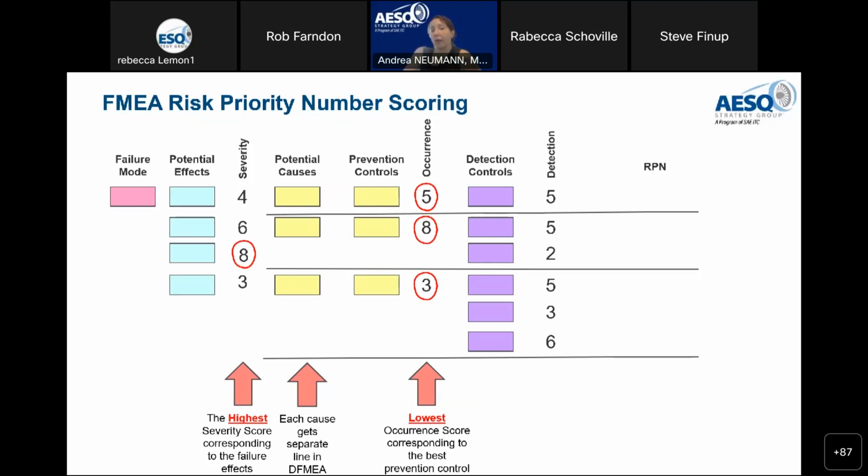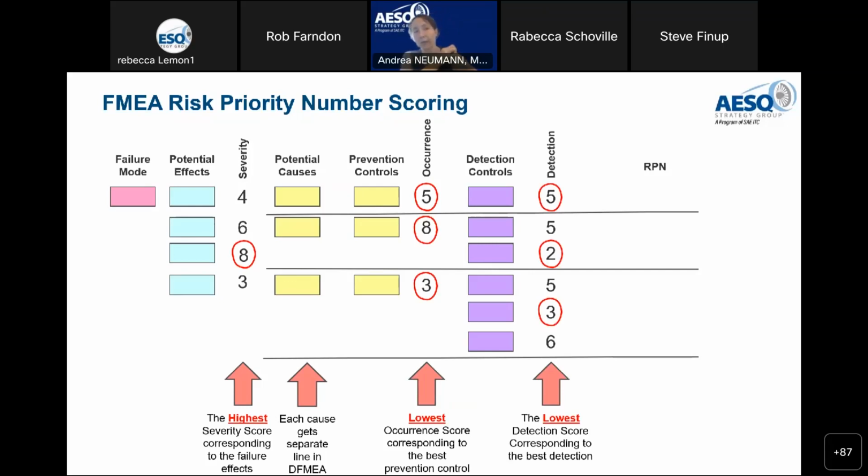Every cause has its own occurrence, so we have to take the lowest one for every cause separately. And then we go to the detection with the next click. There we see the detection is also always in connection with the cause. So we can take the lowest detection score, corresponding to the best detection, for this cause.